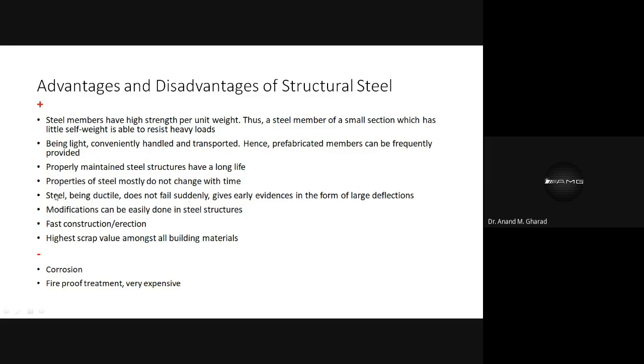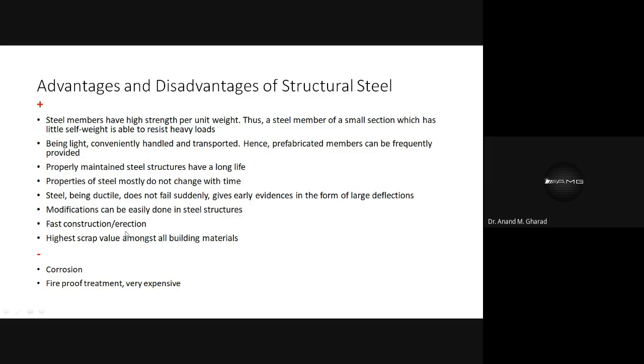Unlike concrete, where if the structure fails abruptly, it is very difficult for the aggregates to combine and prepare new concrete and do its repairing. But here in a steel structure, if any member fails, because the connections are generally made up of bolts and welds, repairs can be easily done.